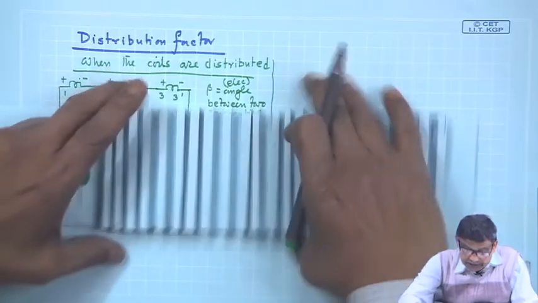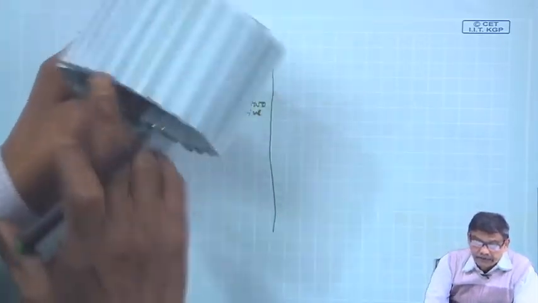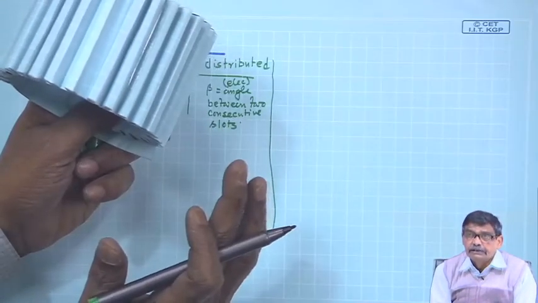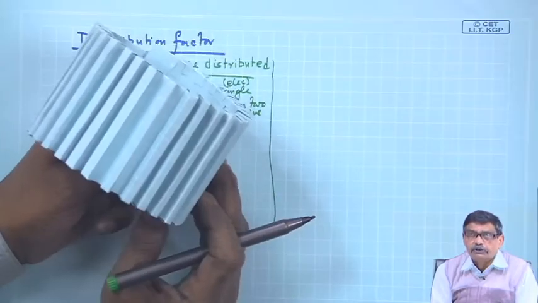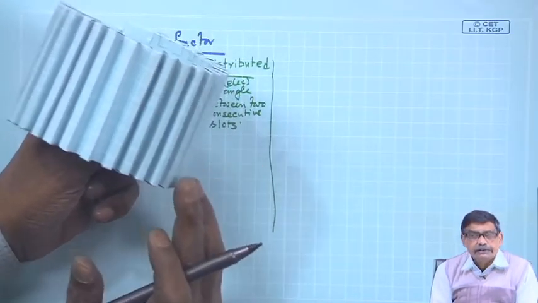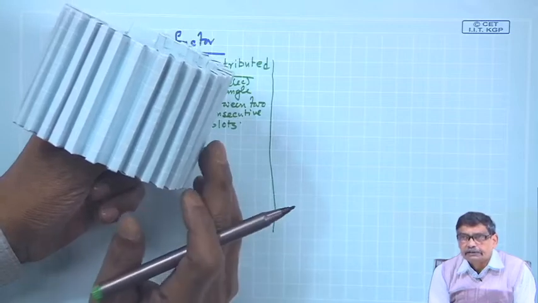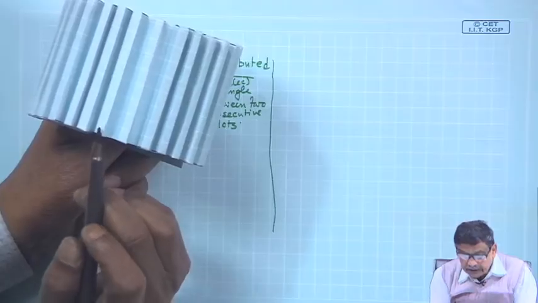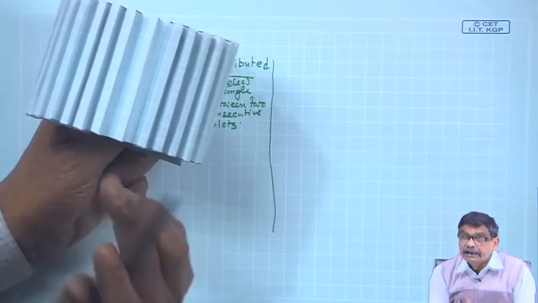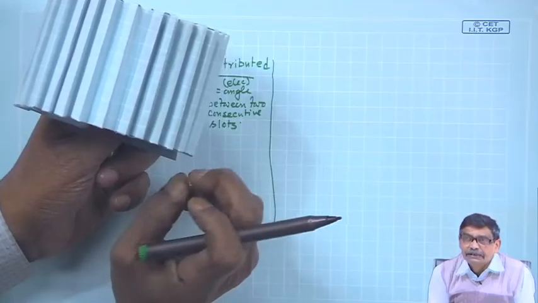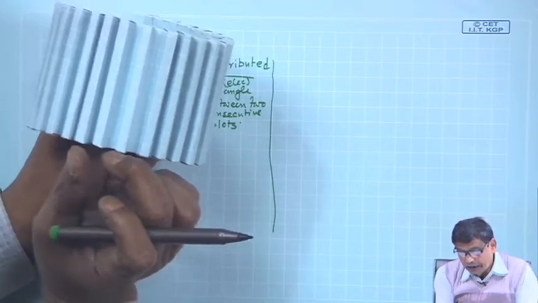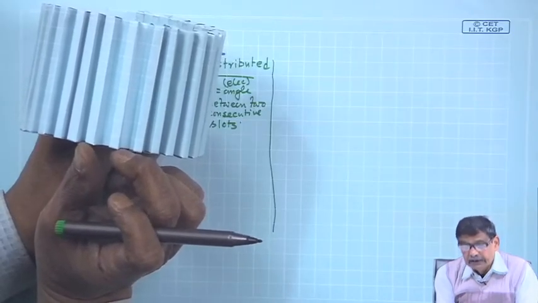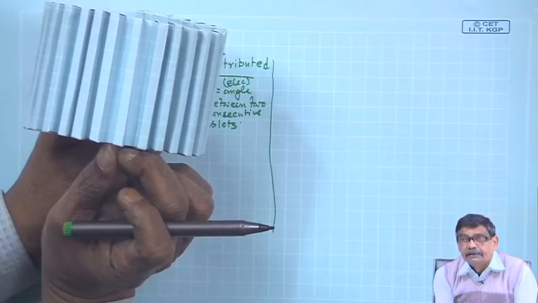What is the angle? Because it is after all round, I can calculate, if it is 360 degree mechanical, number of slots present, I will suppose number of slots are 36, then 360 degree divided by 36 is 10 degree. So, I will say angle between this slot and this slot is 10 degree, but 10 degree mechanical. And what is the electrical degree? Okay, multiply that 10 degree with pair of poles. If it is 4 pole machine, then it should be 20 degree electrical.